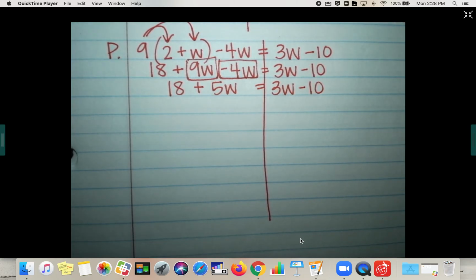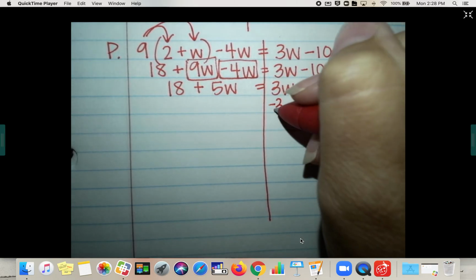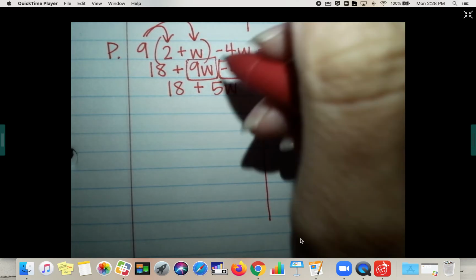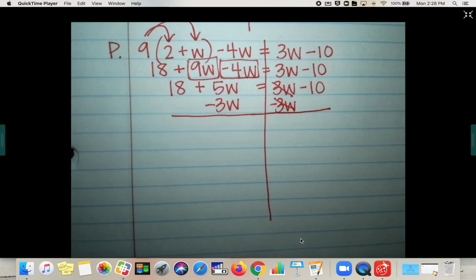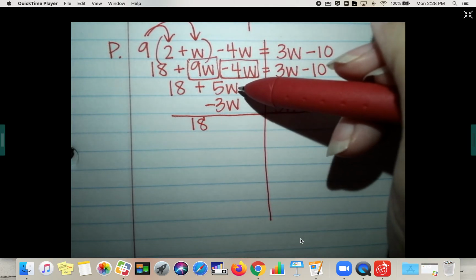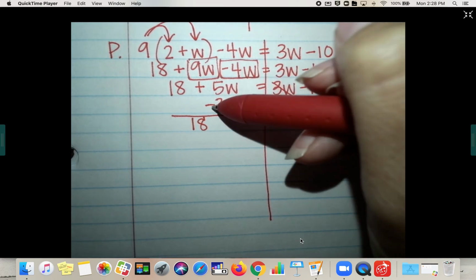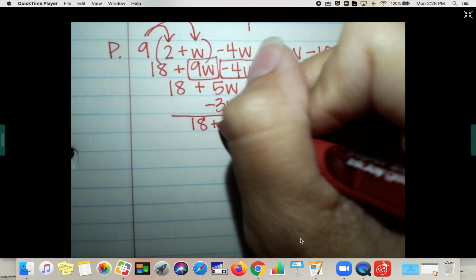All right, now we're down to the step where we got to move one of the variables to the other side. I'm going to subtract 3W to get it to cancel on both sides. So on the left, I'm going to bring down my 18, and I'm going to subtract 5 minus 3. 5W minus 3W is positive 2W, so put a plus in between.